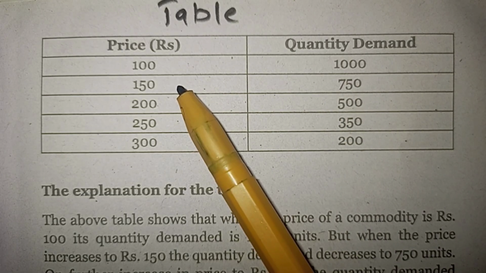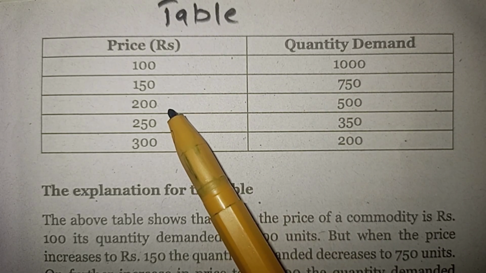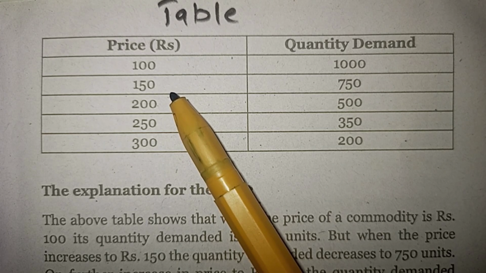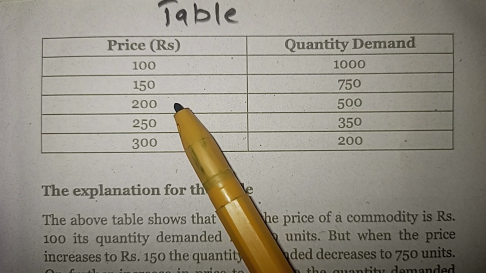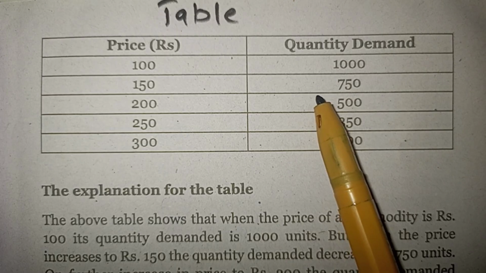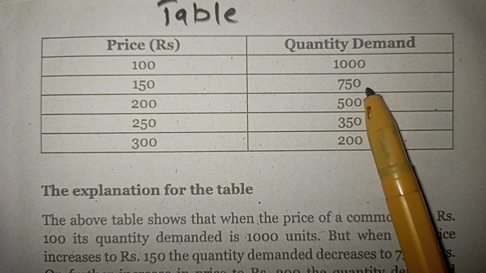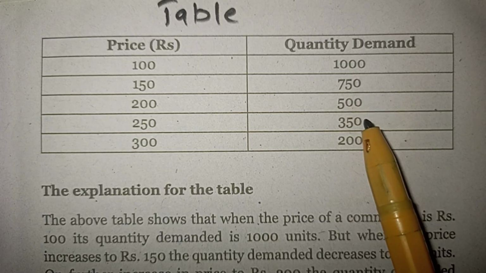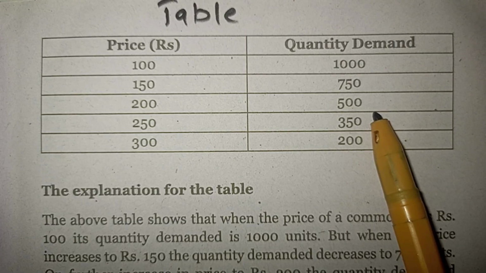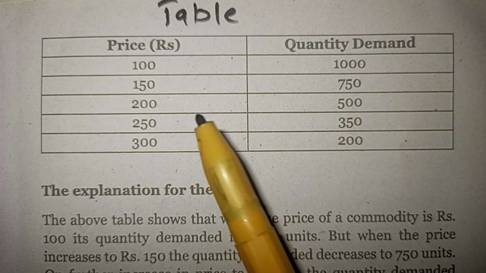And if the price increases from 150 to 200, then the quantity demanded of sugar will decrease further from 750 kg to 500 kg, and so on.